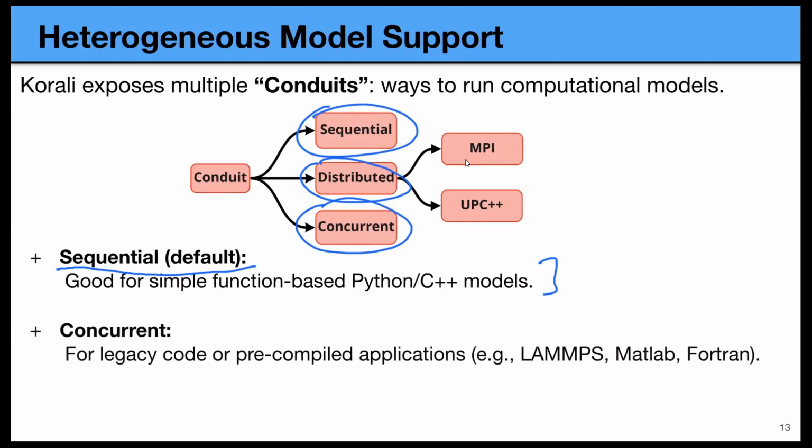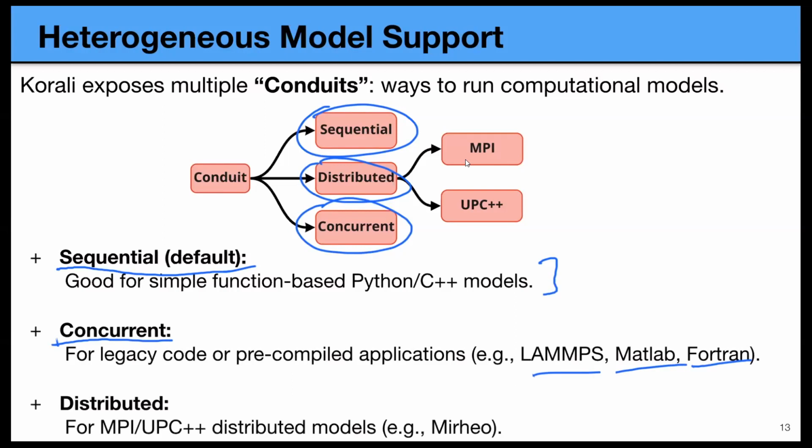However, for more complicated stuff, it can be MATLAB, algorithms, Fortran, LAMMPS, any kind of prepackaged applications or legacy code or heavier stuff, you can use the concurrent conduit, which I will show you now. And for very big stuff, for large scale running in supercomputers, we have created the distributed conduit, which will run MPI applications mostly.